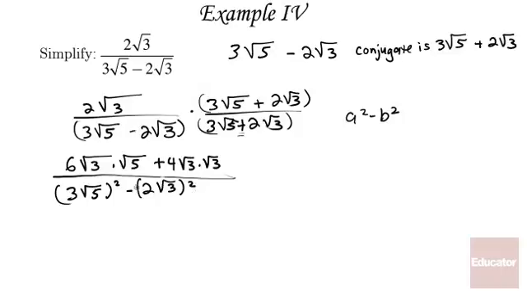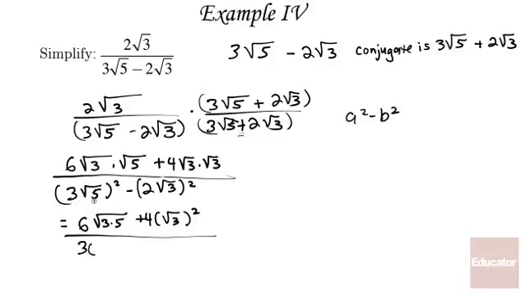And now I'm going to go ahead and work with the numerator a little bit more. And I'm going to use the product rule. Recall that with the product rule, I can rewrite this as 6 times the radical 3 times 5. And then here, I'm going to recognize that I actually have 4 times this radical 3 squared, divided by 3 radical 5 squared, minus 2 radical 3 squared.